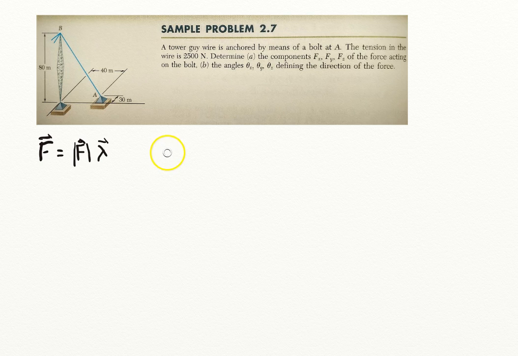To define the unit vector lambda, we first have to write down the coordinates of the 2 points A and B. So let me first write the coordinates of point A. Now A, as you can see from the diagram, is going to be 40 meters in the x direction, plus 0 in the y direction, and then minus 30 in the z direction.